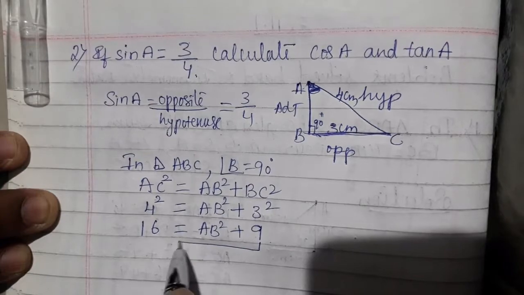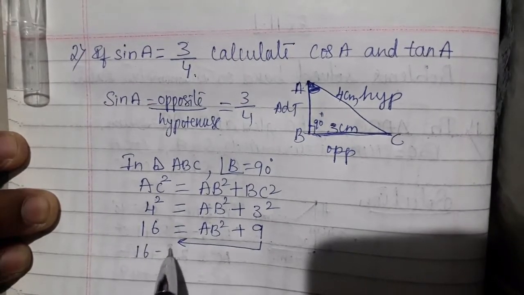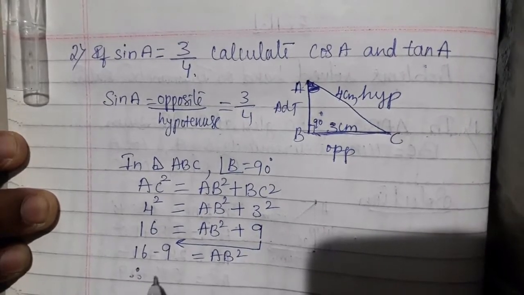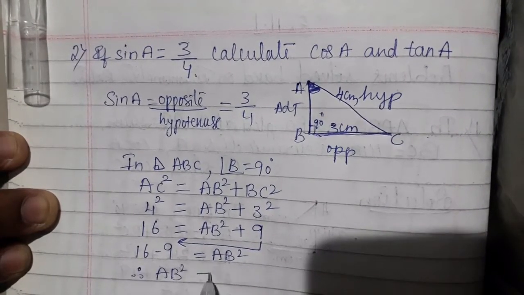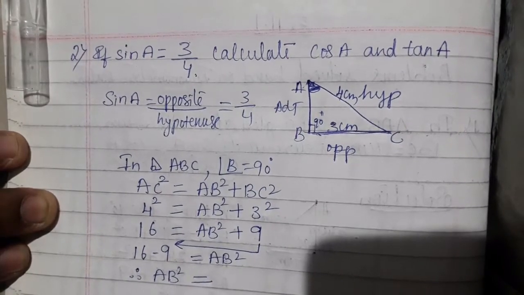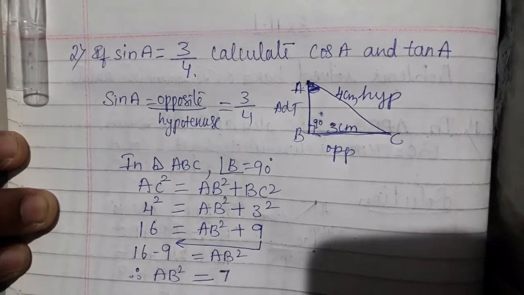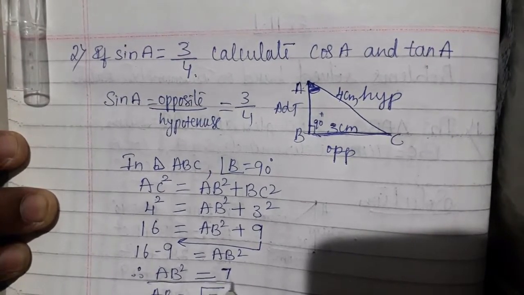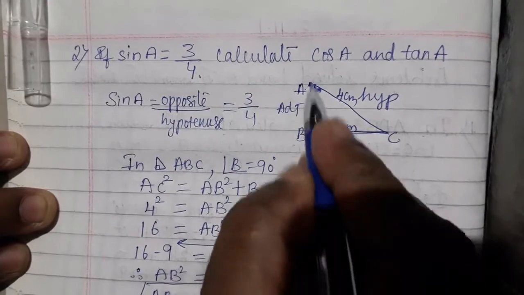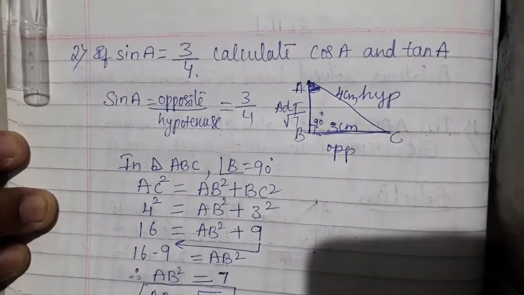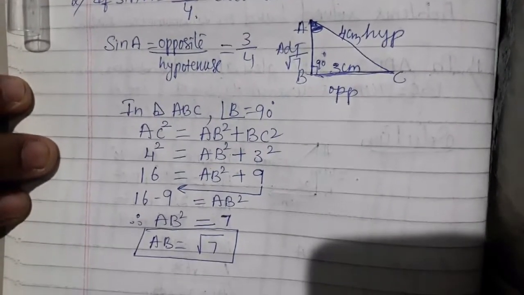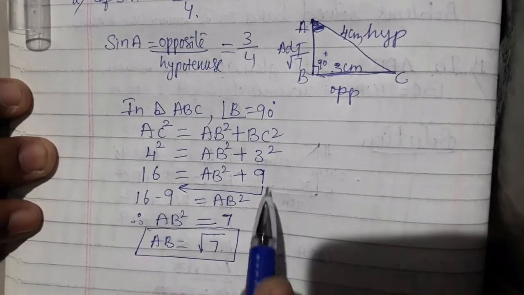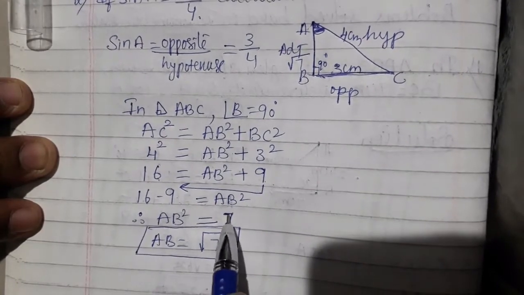Shift 9. 16 minus 9 is equal to AB square. Therefore, AB square is equal to 16 minus 9, which is 7.